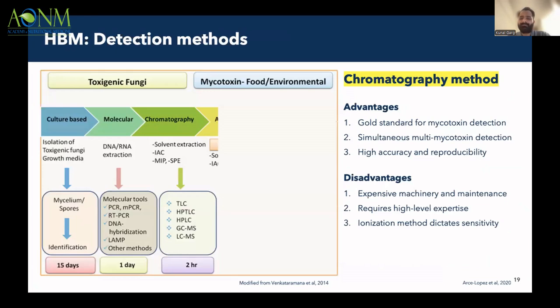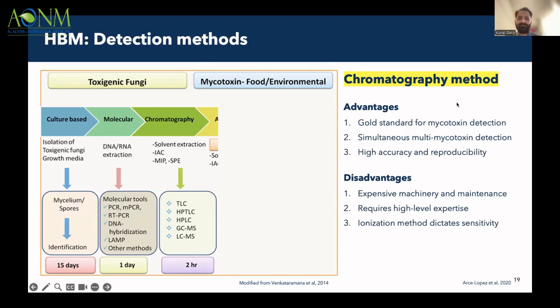So moving to the type of tests that are used for measuring mycotoxins, I just want to make it clear that we are not dealing with culture-based or molecular-based tests, because those are used for detecting fungi. And for mycotoxins, because these are small molecules or small metabolites, you can use chromatography methods.